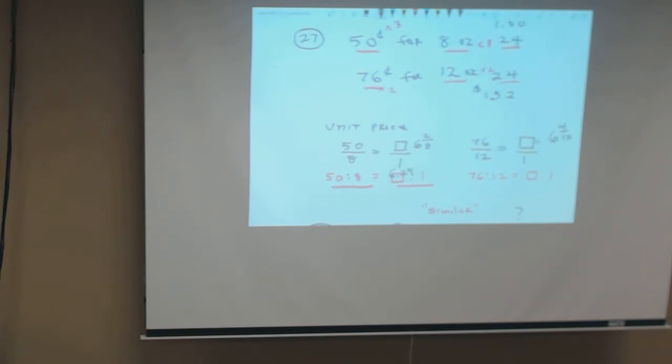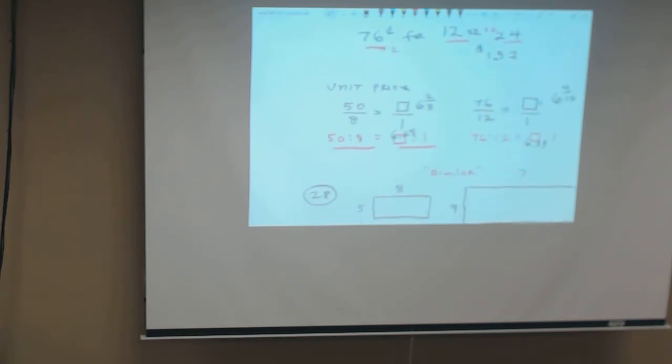What's 76 divided by 12? 6.33. So which one's the cheaper one? This one. What's the question they're asking? Which is the better buy? So this one's the better buy.